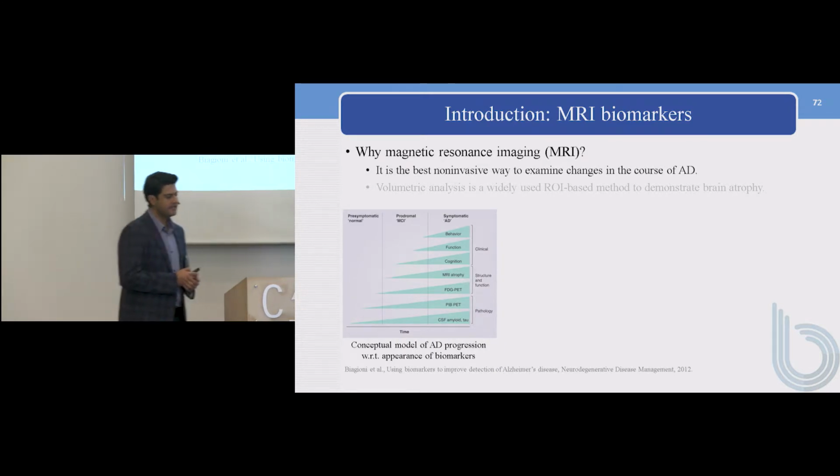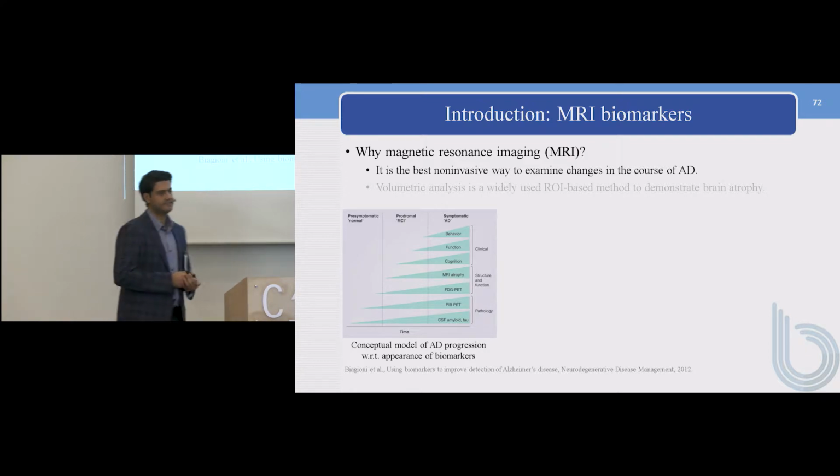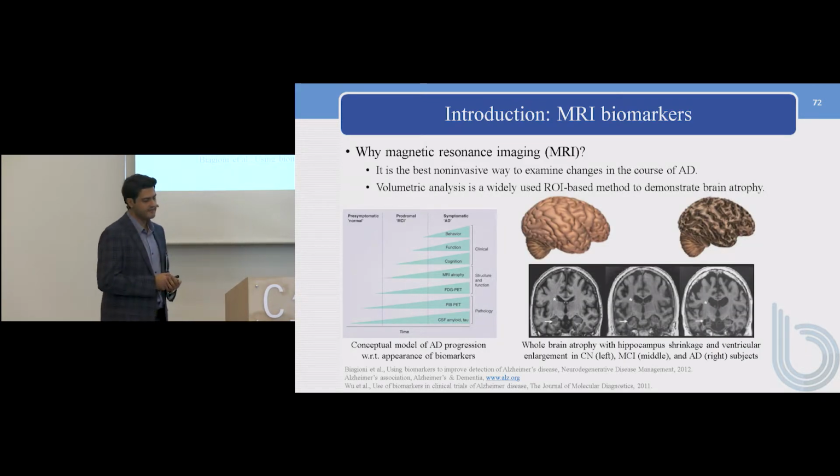So we use magnetic resonance imaging biomarkers because MRI is the best non-invasive way to examine changes in the course of AD. Of course, there are other types of biomarkers, but, for example, pathological biomarkers are not non-invasive.